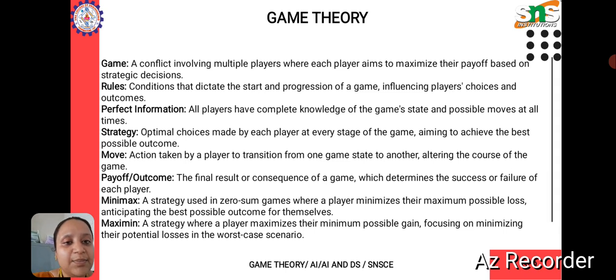Maximin is a strategy where a player maximizes the minimum possible gain, focusing on minimizing their potential losses in the worst case scenario. That is, in minimax the player minimizes their maximum possible loss, and in maximin the player maximizes the minimum possible gain.